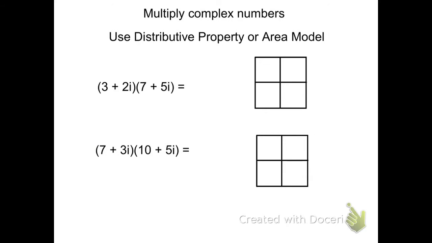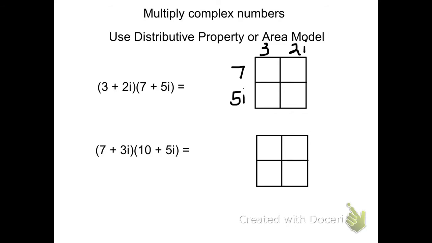Again, I can also multiply complex numbers. I do it the same way as I do polynomials. So if I want to multiply 3 plus 2i, I would put 3 on top of my first box and 2i on top of my second box. I would put 7 beside and 5i below. And I simply multiply or distribute, whichever way you like to do it.